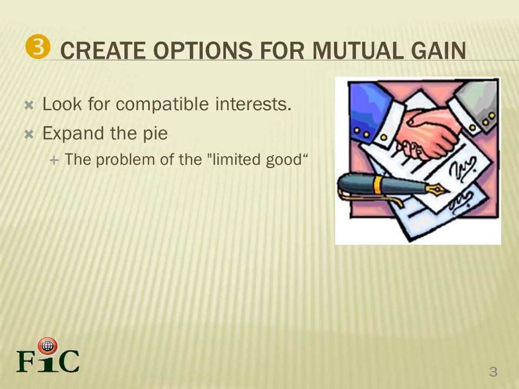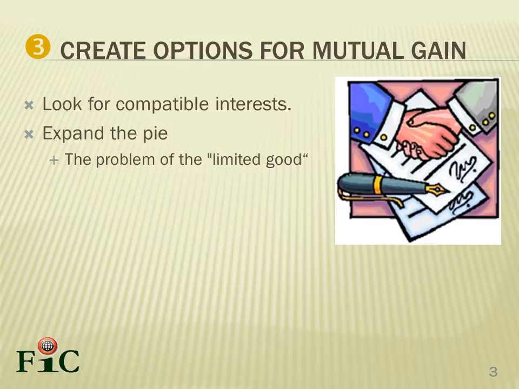There are other options. What about the possibility of creating another pie? What about the possibilities of looking for more good? I mean, this is what happens in industry when somebody invents something new that nobody else has ever used before or seen before. They have invented some new good.